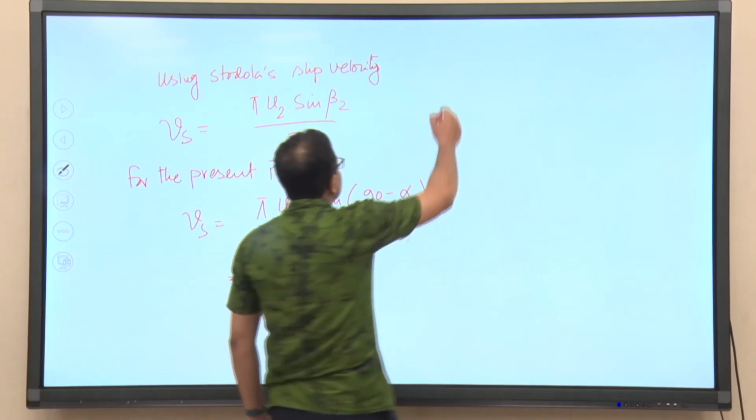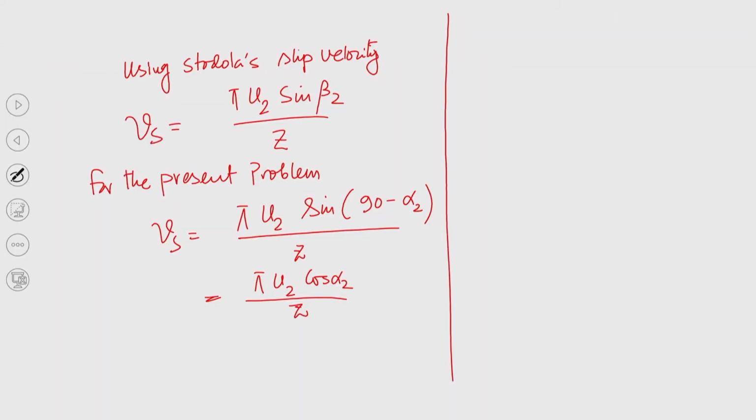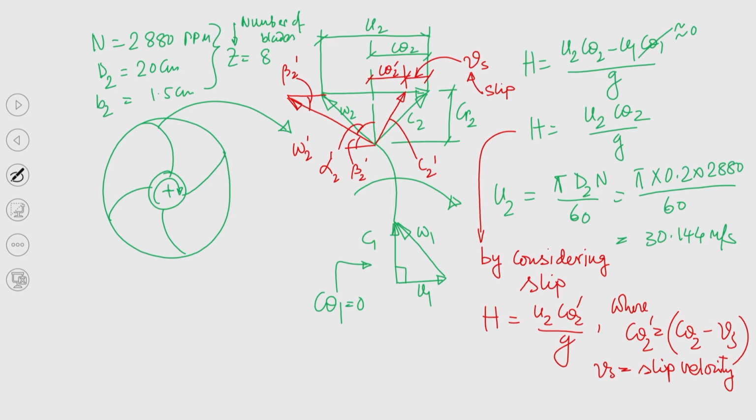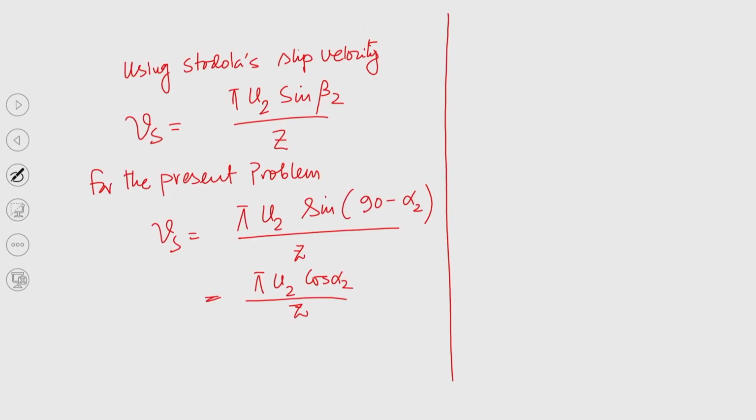So, if we plug the value into the expression that we have written, H equals U2 C theta 2 prime by g, right. So, H equal to U2 times (C theta 2 minus Vs) divided by g, where this expression is C theta 2 prime.